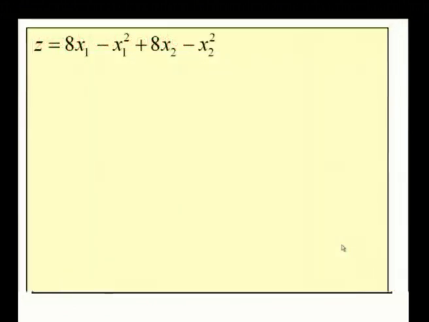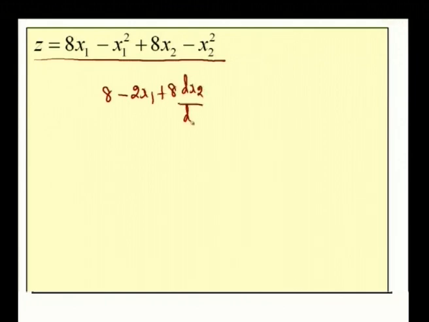For that, consider the circle given by z equal to 8x1 minus x1 squared plus 8x2 minus x2 squared. Now, the tangent to the circle is obtained by differentiating this equation with respect to x1. So, by differentiating this equation with respect to x1, we have 8 minus 2x1 plus 8 dx2 by dx1 minus 2x2 into dx2 by dx1 equal to 0.